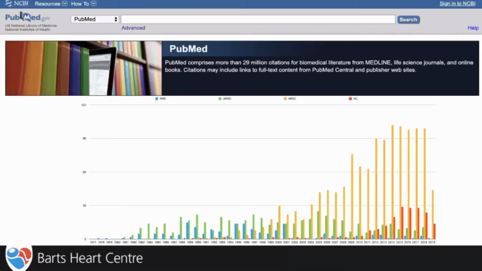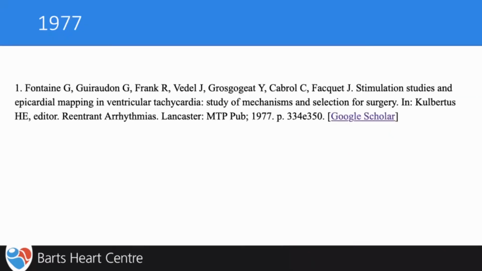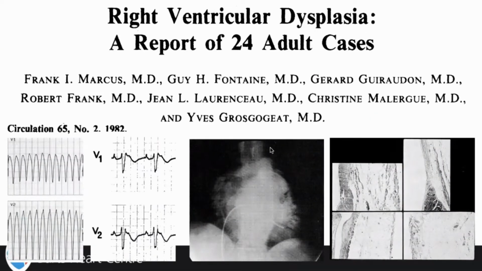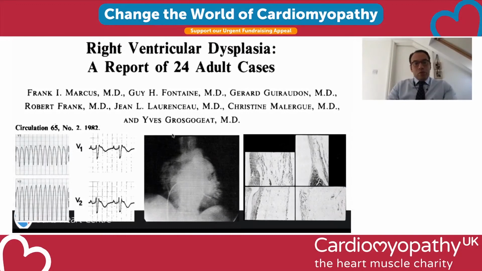Now, our knowledge in the last years has significantly progressed. You can see here the amount of publications in the last year in PubMed for arrhythmogenic cardiomyopathy. And from the original description back in 1997 by Guy Fontaine in Paris, and this is one of the first reports as well, from Frank Marcus in 1982, where he actually described in 24 patients with arrhythmogenic cardiomyopathy the typical ventricular arrhythmias, the epsilon wave, and the typical ECG abnormalities in the individuals.